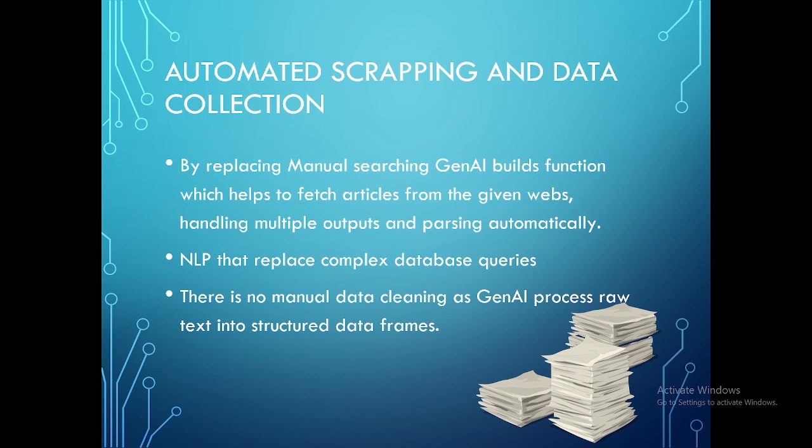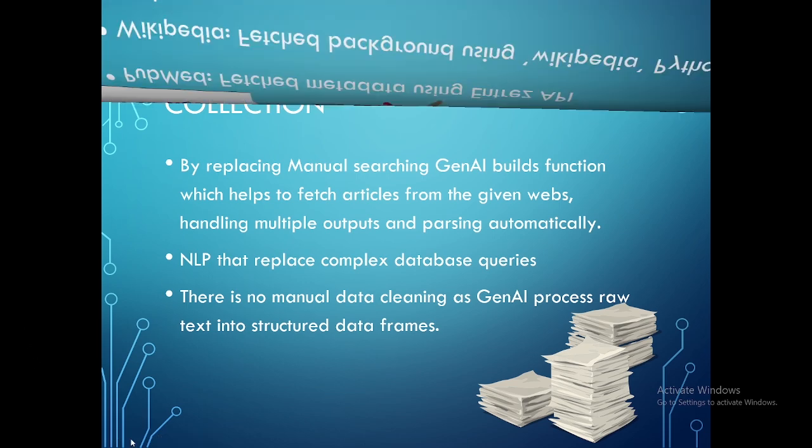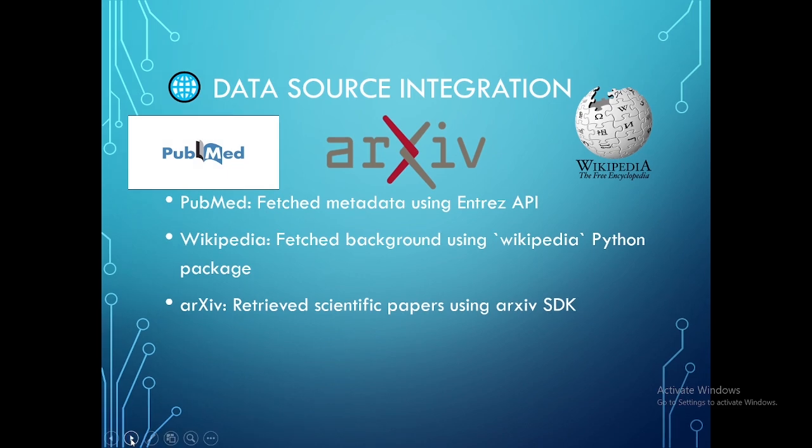NLP replaces complex database queries, and there is no manual data cleaning, as GenAI processes raw text into structured data frames. This is a key novelty here. Data source integration: I have used three data sources.